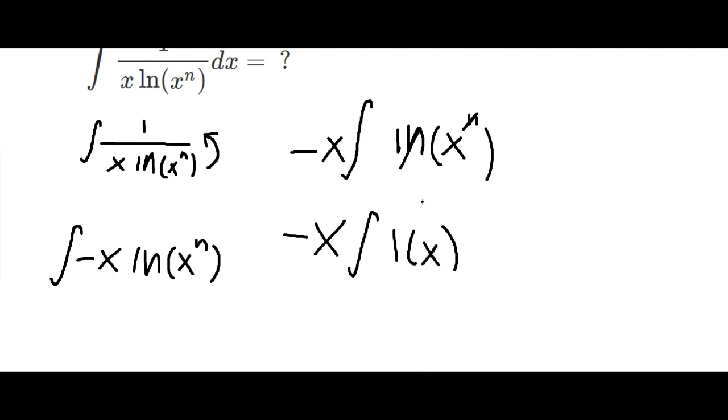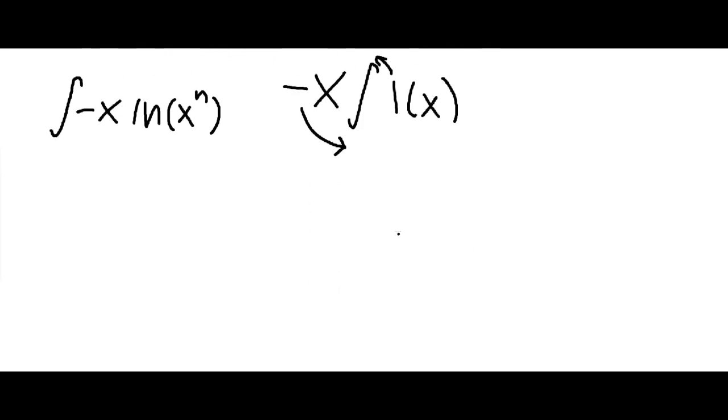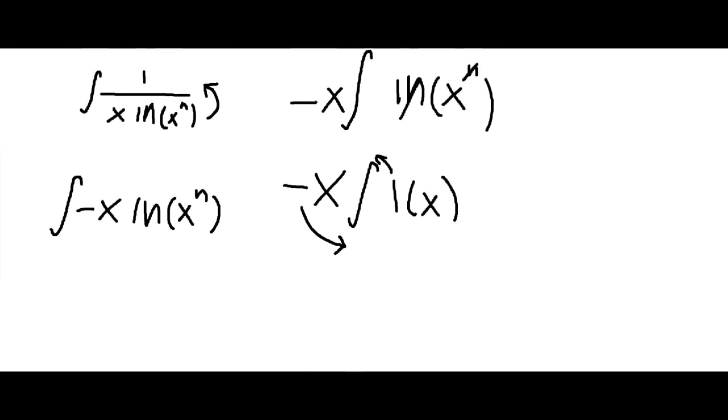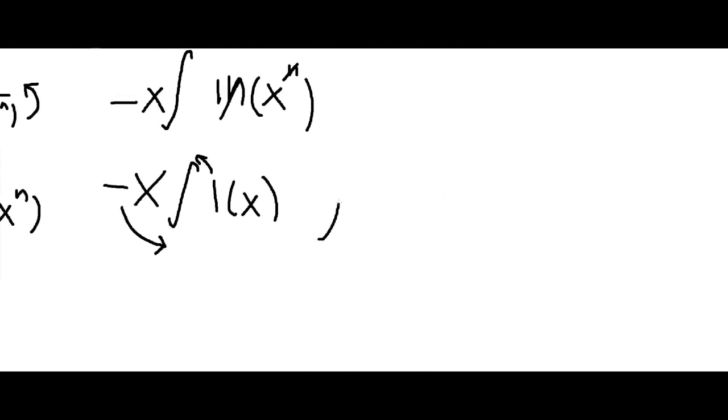And now we need to give some limits. So the simplest way would be to bring this one up top and bring this negative x down to the bottom. So we can now rewrite this as the defined or definite integral of negative x to 1 of x.